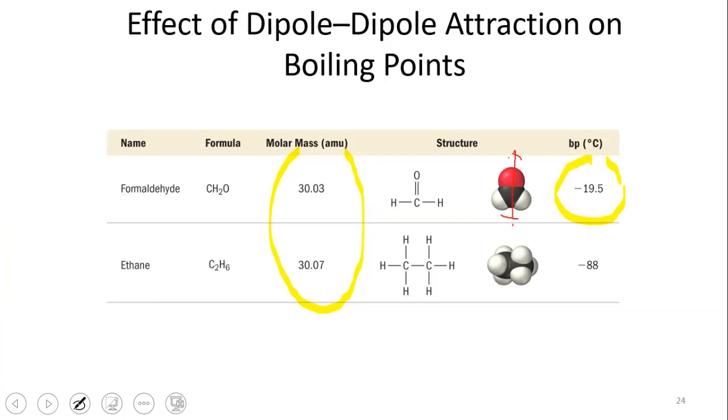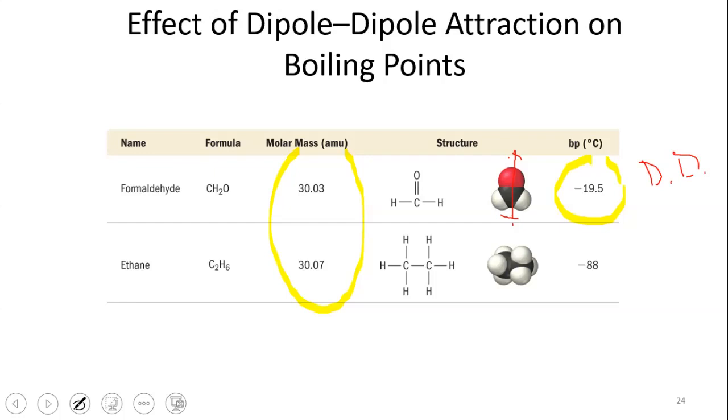And that means that this molecule is polar. And therefore, it is capable of dipole-dipole forces. Whereas ethane, which is totally nonpolar, cannot engage in those kind of forces.